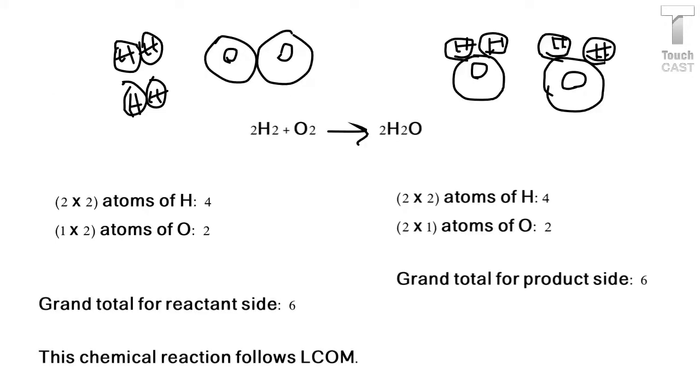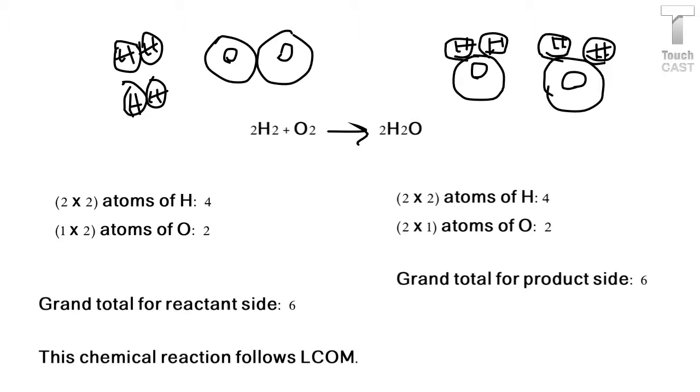So let's go back to our simple equation of hydrogen gas plus oxygen gas giving us water molecules. So I simply count 2 atoms of hydrogen, but notice I have a coefficient. So it's 2 times 2 to give me 4 atoms of hydrogen on my left side. 1 times 2 to give me 2 atoms of oxygen on the left.